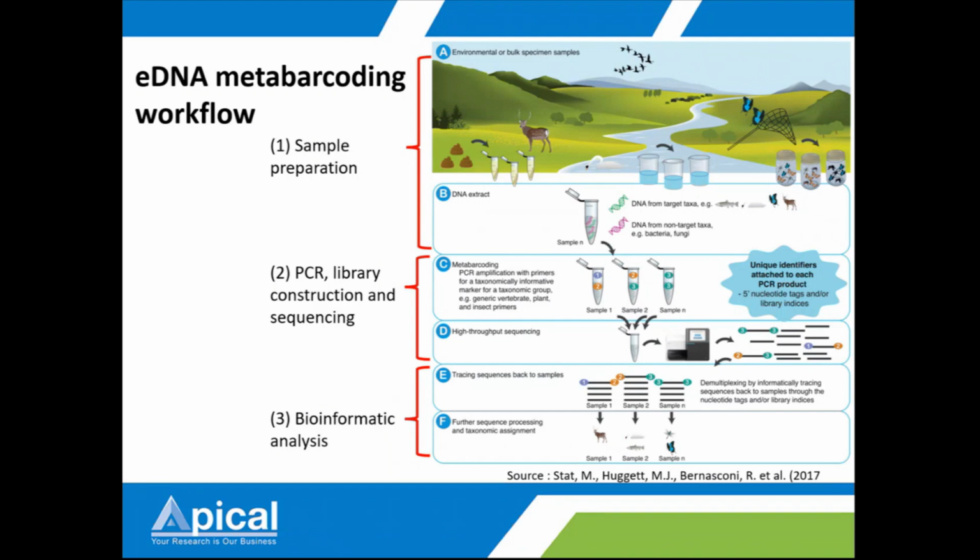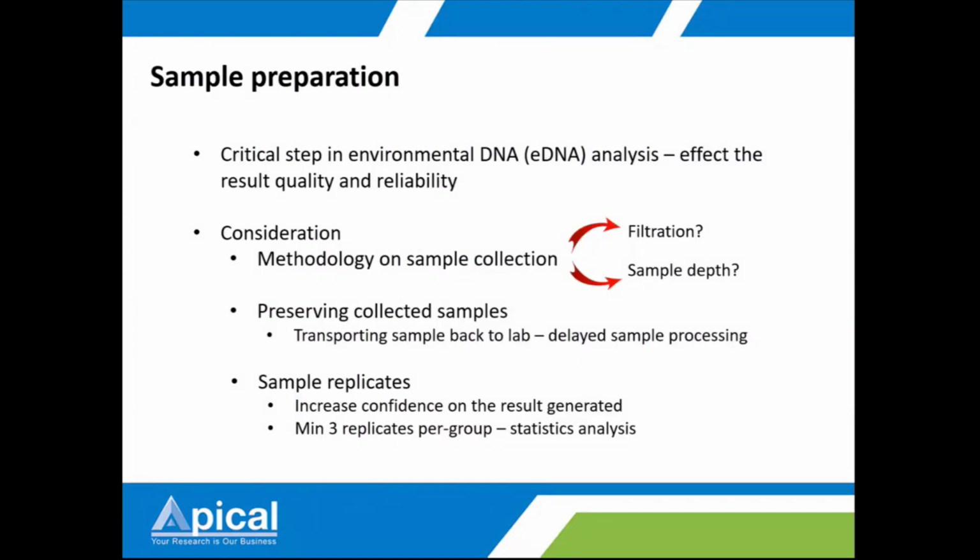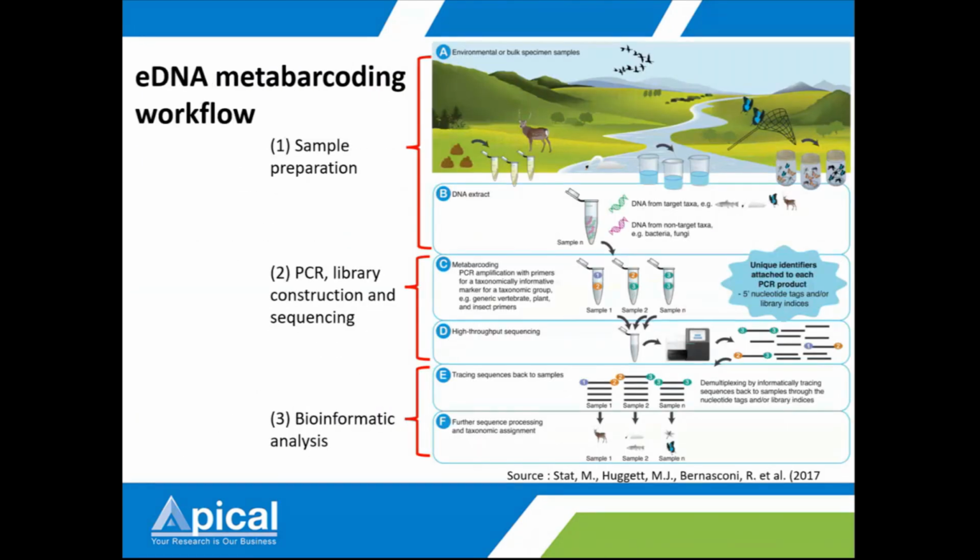From the outcome, you can identify what species might be present in the environment, as well as get the abundance information. Right. So I will go in depth on these steps: step one, the sample preparation; step two, the PCR and library construction; also the bioinformatic analysis, to share the important points you need to get a good result from eDNA metabarcoding.